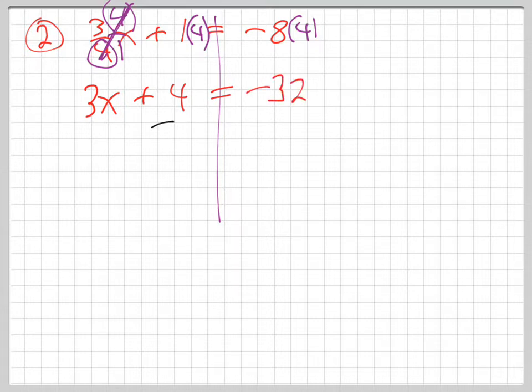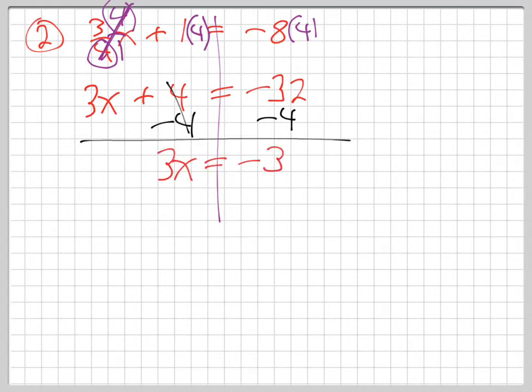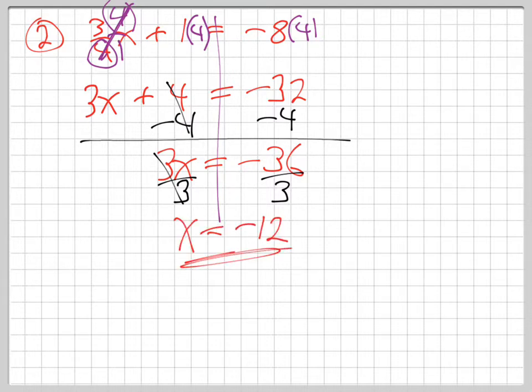And then subtract 4 from both sides. 3x is minus 36. Last step, divide by 3. x is minus 12. There we go.